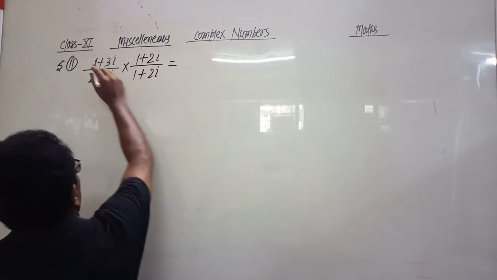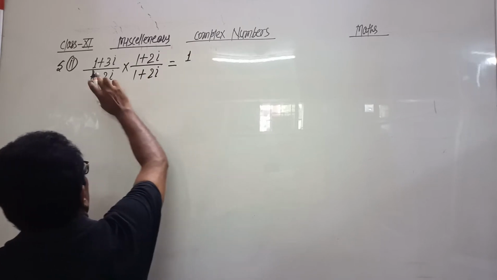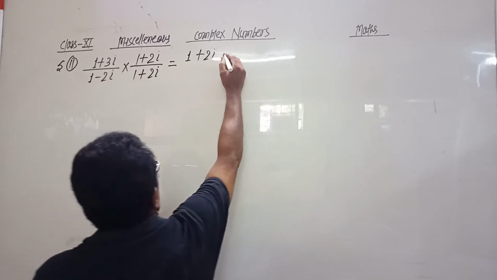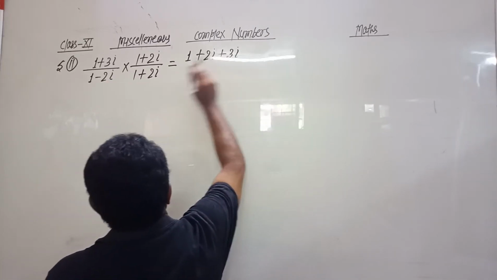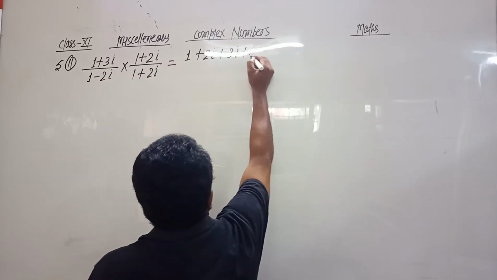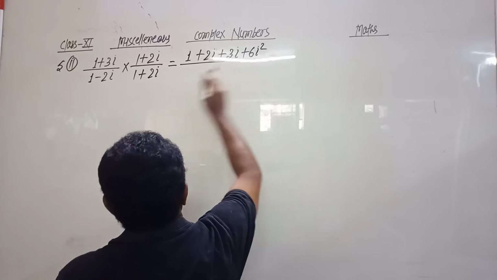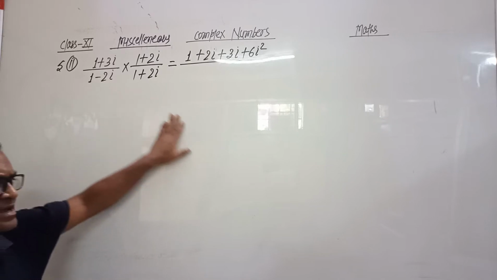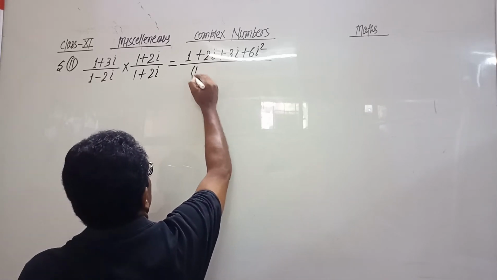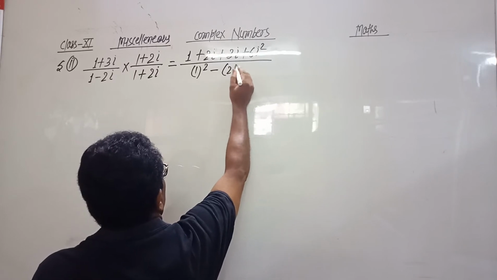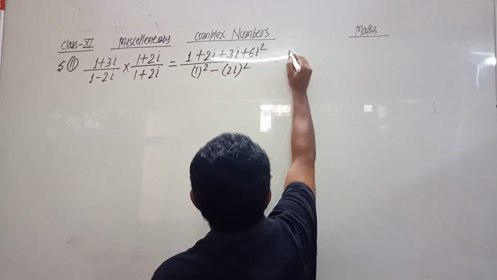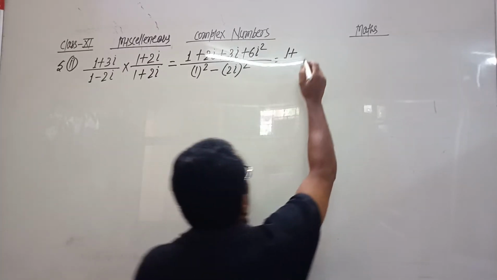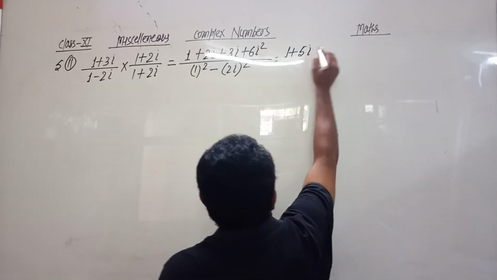In the numerator, 1 multiplied by 1 gives 1, 1 multiplied by 2i gives 2i, 3i into 1 is 3i, plus 3 into 2, 6i square. In the denominator, the formula a minus b into a plus b is used, which is a square minus b square. So 1 plus 2i plus 3i is 5i, and i square is minus 1.